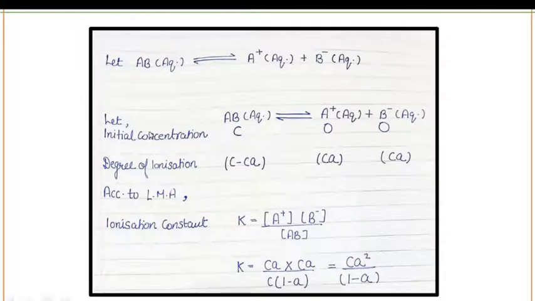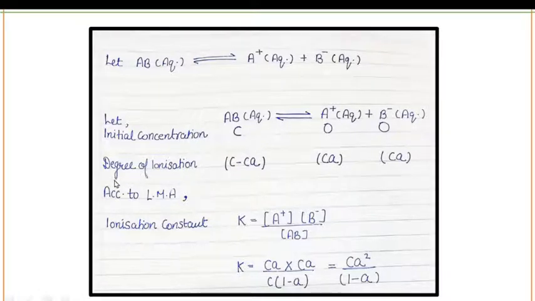Let us consider a reaction. For example, we have a reactant AB and it is diluted in an aqueous solution. Then AB will ionize as A plus and B minus ions. Our initial concentration of reactant is C and products are 0, 0.